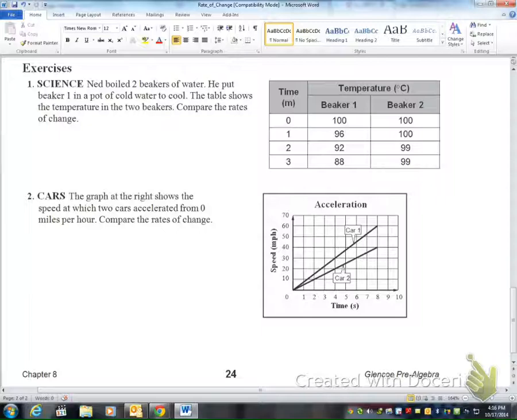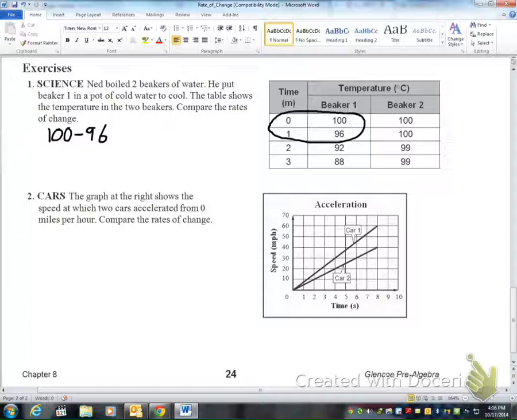So, comparing the rates of change, all we have to do is find the rate of change for beaker number 1. And again, you can pick any 2 points, so I'm going to use the first 2 just to make it easy. So beaker 1 goes from 100 degrees Celsius to 96 degrees Celsius.